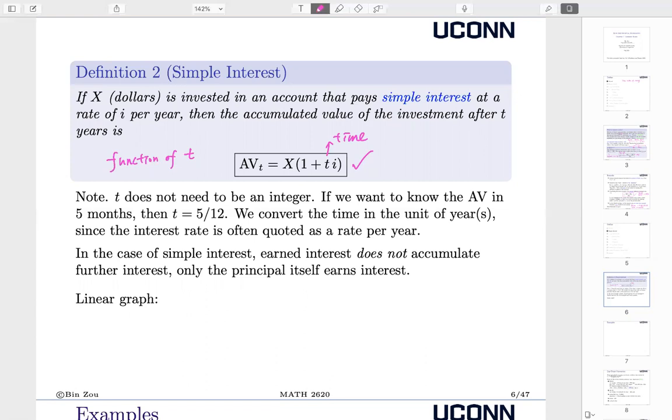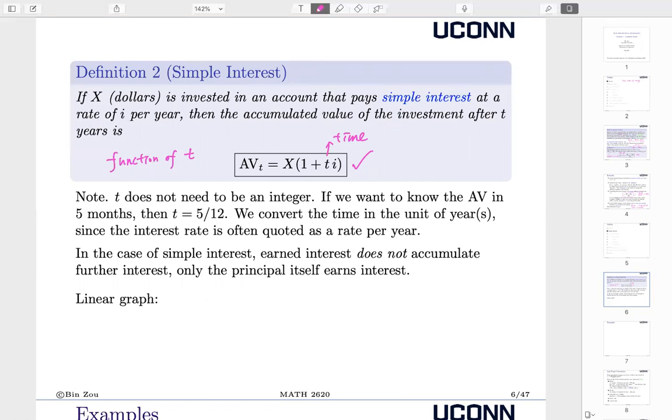Note that this t does not need to be an integer. So it does not have to be accumulated value in 2 years. It can be accumulated value in 1 year and 2 months, right? So we can quickly convert the months into years, or we can even convert days into years, right? So here, let's say I want to know the accumulated value in 5 months.